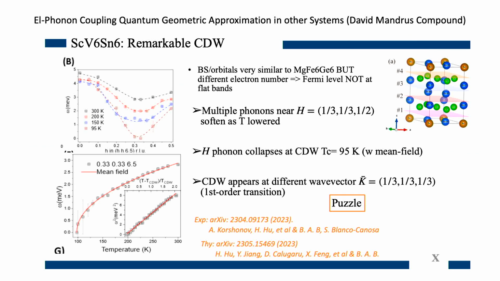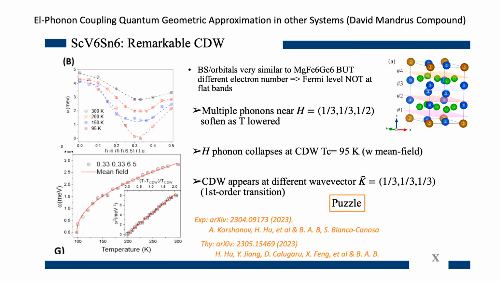This material has what I think is a remarkable CDW, and this CDW is experimentally found to appear at the 1/3, 1/3, 1/3 wave vector. It's one of these Kagome materials. But what is seen in Santi's experiments is that there's no collapsing phonon here as you approach the transition from above, but there's a collapsing phonon at 1/3, 1/3, 1/2.